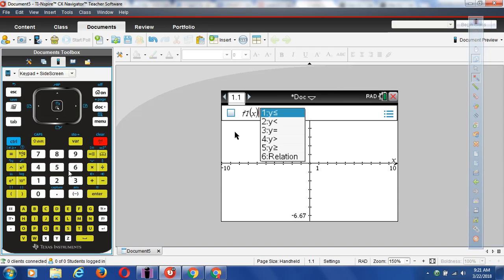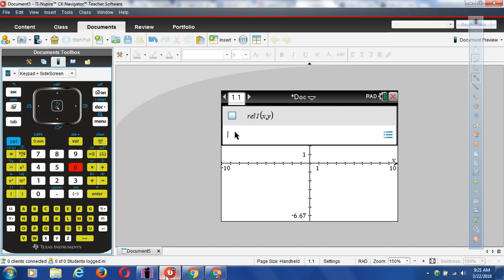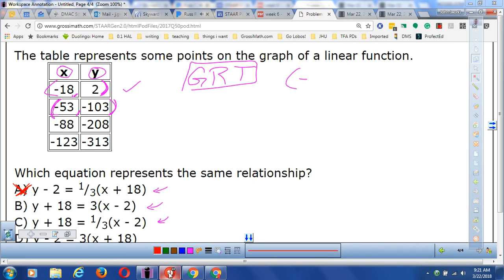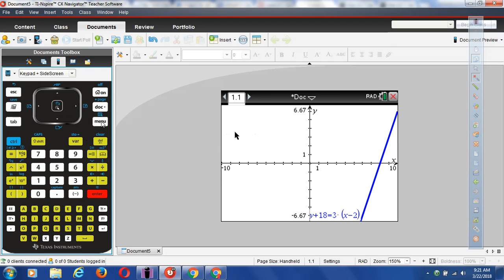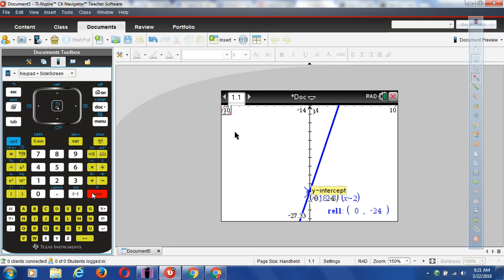So G, R, and then copy in my equation: y plus 18 equals 3 times x minus 2, parentheses, enter. Menu 5, 1, enter, escape.